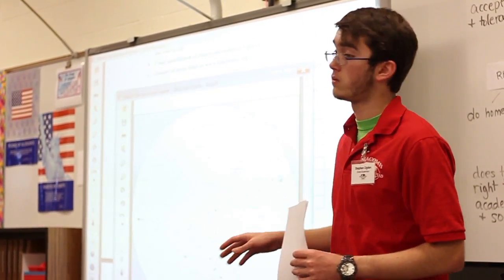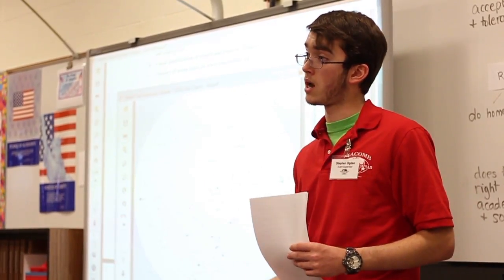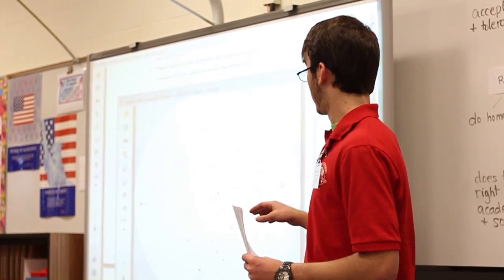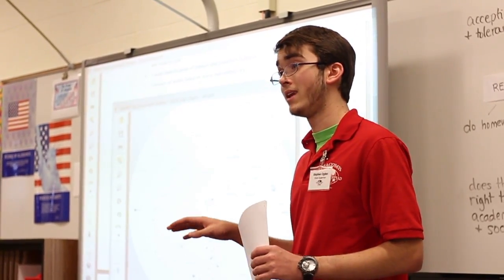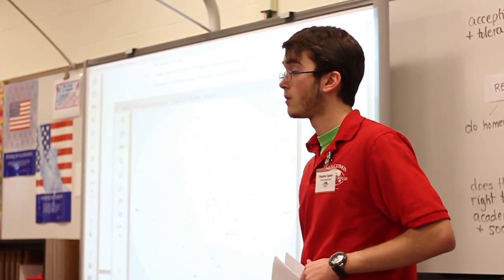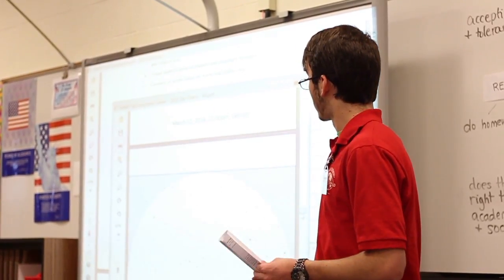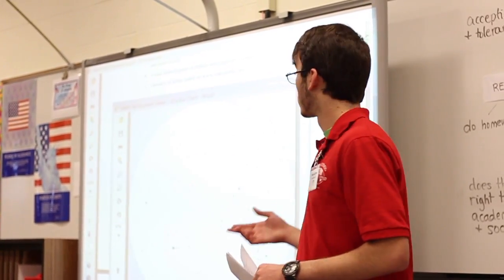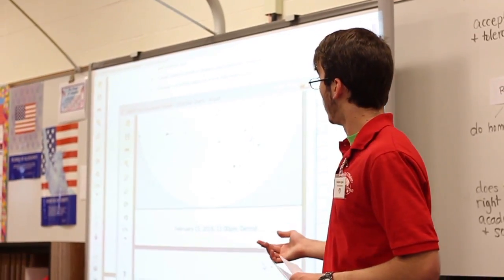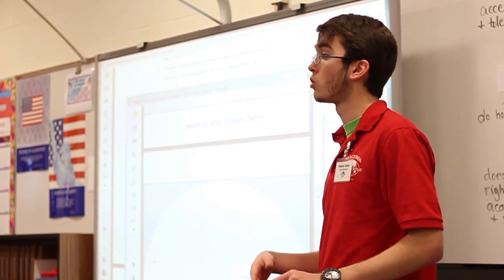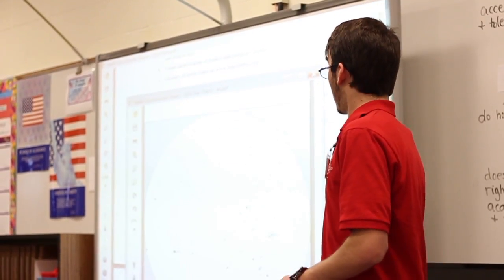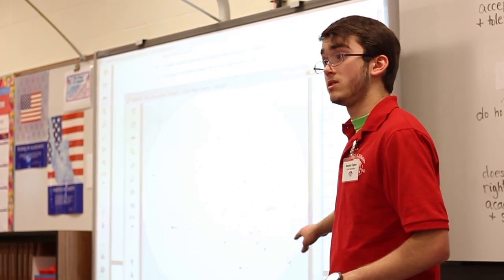It has 3 different types: star charts with the lines and names of the constellations drawn in, star charts with just the lines drawn in, and star charts with just the dots, no lines or names. This is what the students will be seeing on the test.